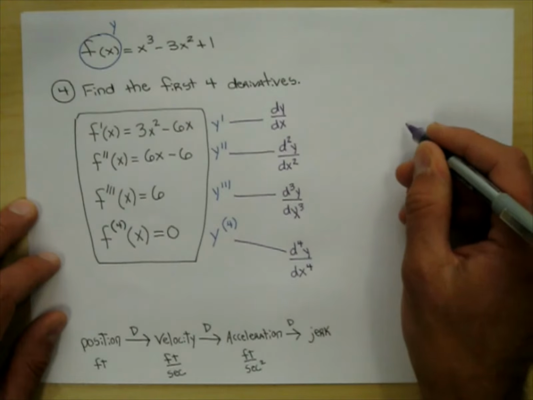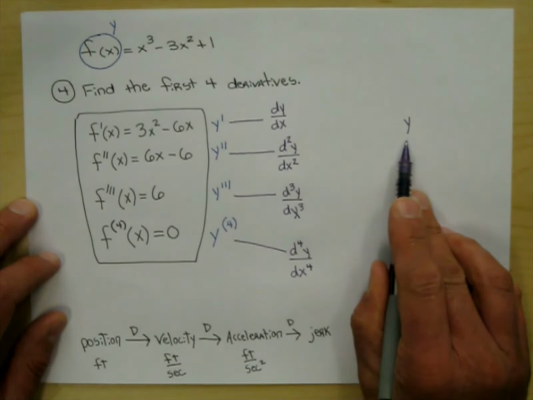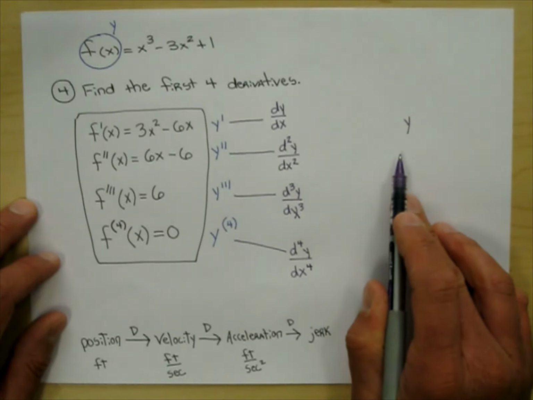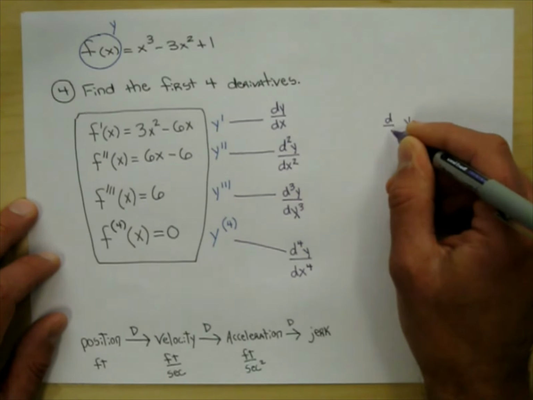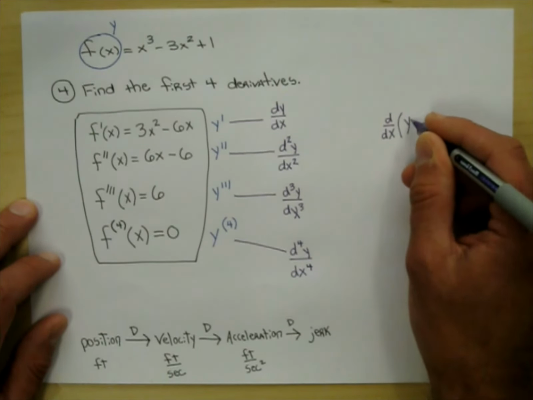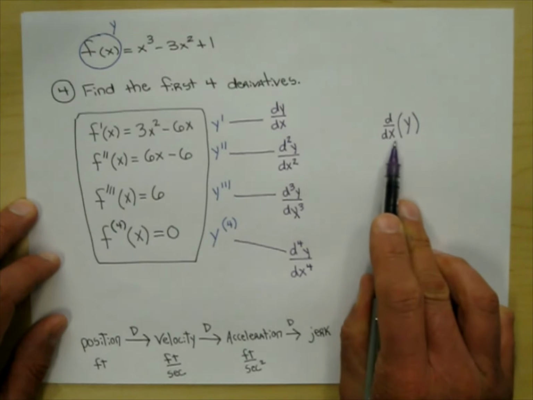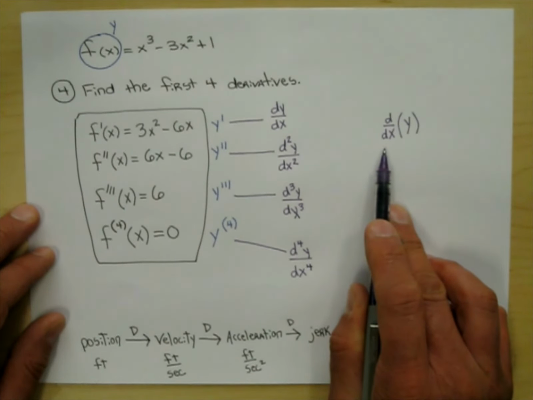Okay, well, look at this. There's an innocent y. Okay, it's that guy. And you sneak up with the derivative gun, d dx of y. And what does that give you? That gives you dy over dx, which might remind you of rise over run.